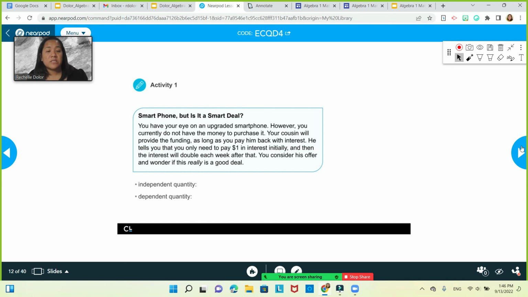Okay, next, smartphone. But is it a smart deal? You have your eye on an upgraded smartphone. However, you currently do not have the money to purchase it. Your cousin will provide the funding as long as you pay him back with interest. He tells you that you only need to pay $1 in interest initially, and then the interest will double each week after that.